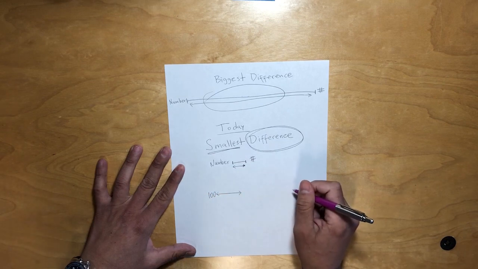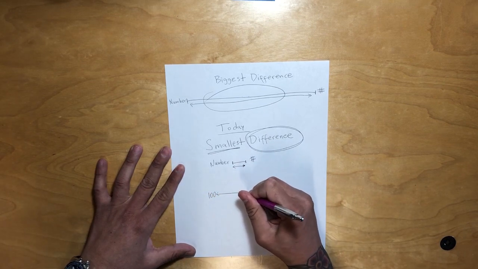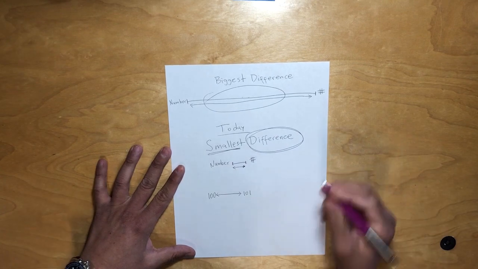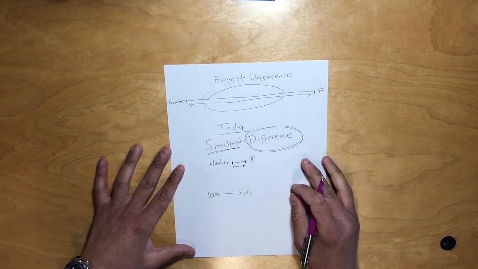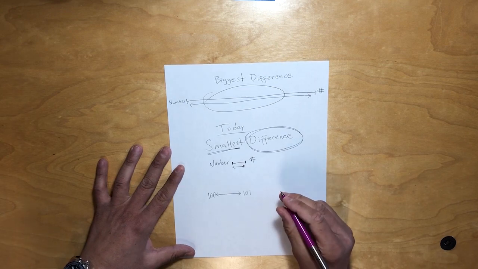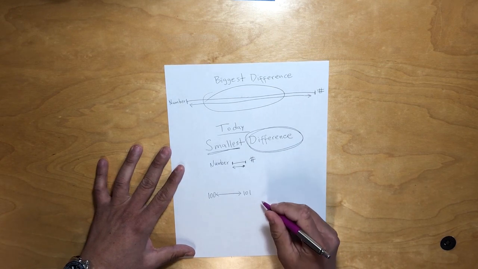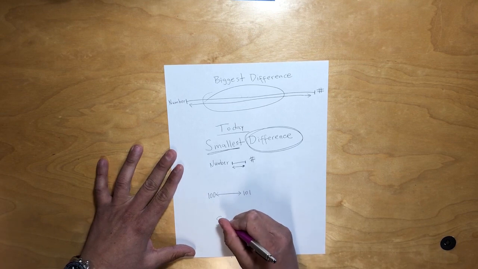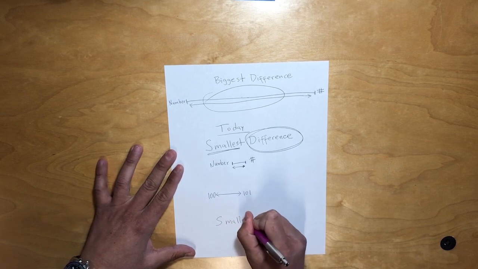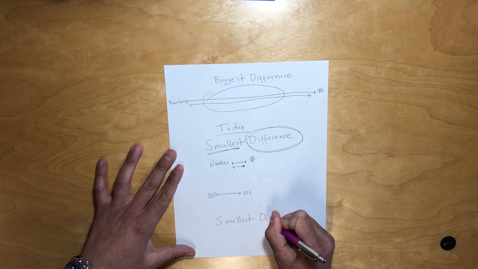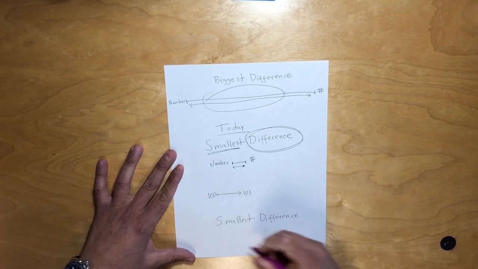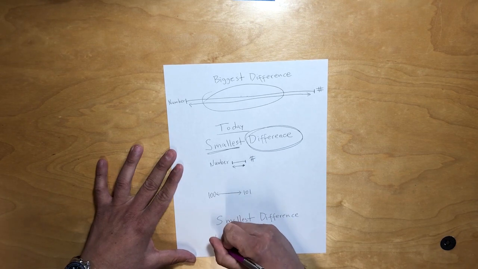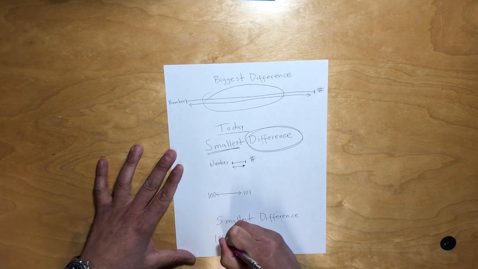So 100, the smallest gap here would be 101. But that's pretty hard to do. Maybe you'll get lucky when you're flipping your cards, but the goal is to find the smallest difference. So let's say I flip my cards and I get 101.